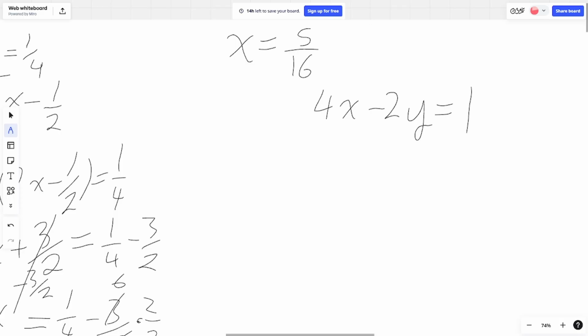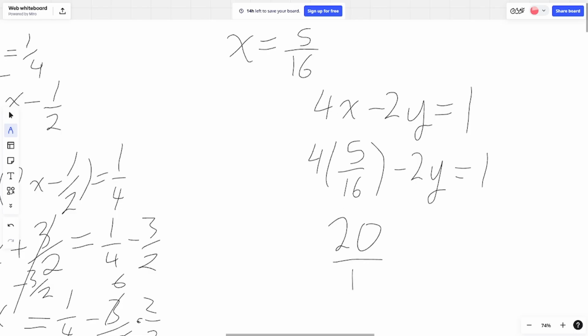Now we'll simply plug our x into the 4x. So this will be 4 multiplied by 5 over 16 minus 2y is equal to 1. Now 4 times 5 is 20 over 16 minus 2y is equal to 1.